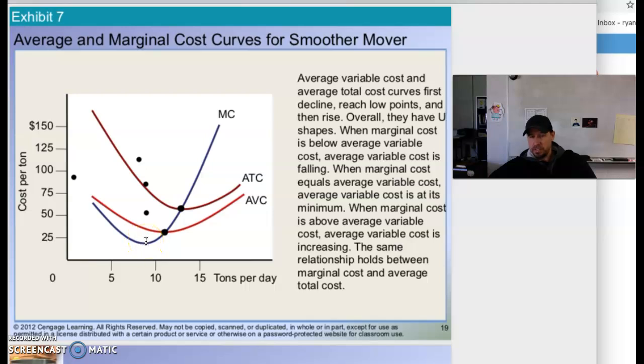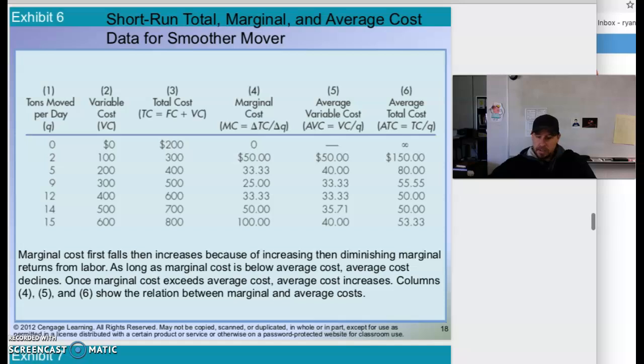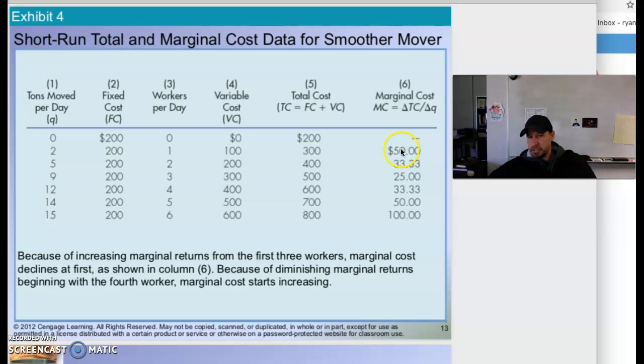We hit a point where marginal return starts to diminish, and then we see increasing marginal costs. So that U curve started at 50 and it's going down, going down, then starting to go back up, and getting even steeper as it gets higher. That's the graphic representation of what you're seeing in numbers.